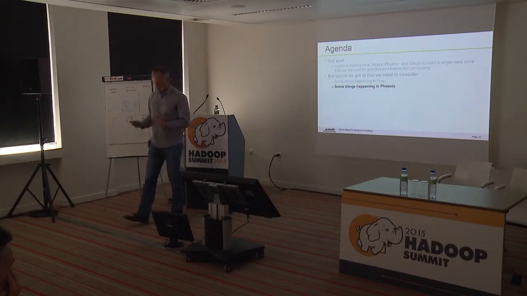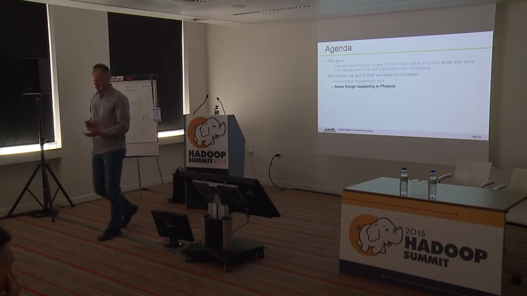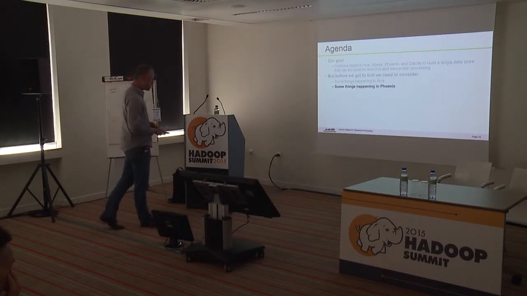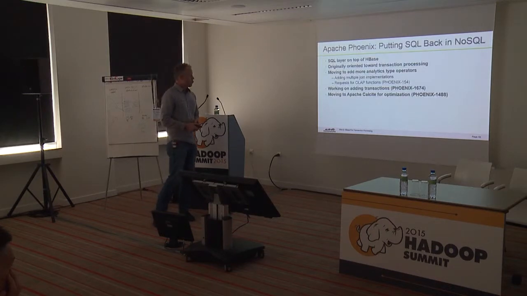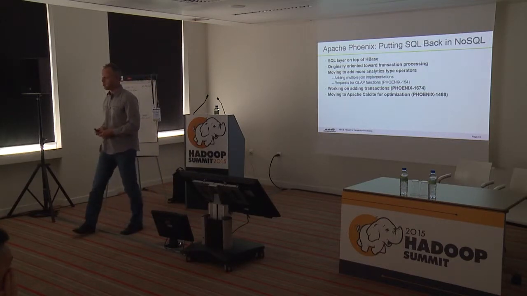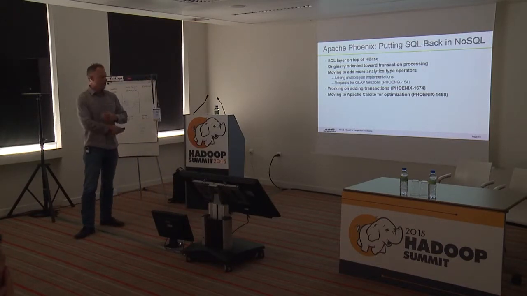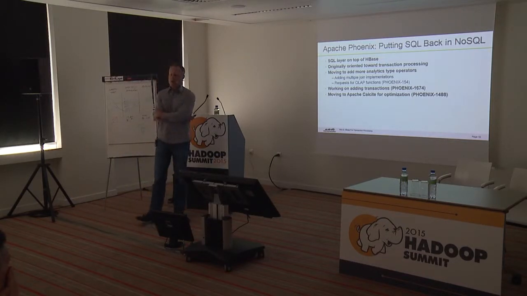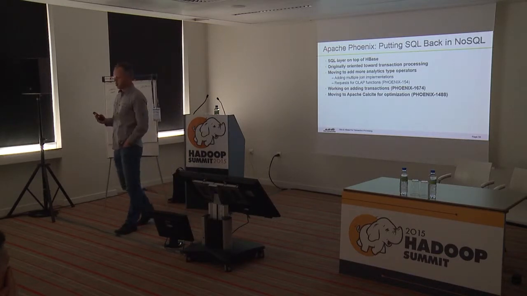I said I was going to talk a little bit about stuff going on in Hive. I'm going to talk a little bit about stuff going on in Phoenix. What is Phoenix? Their motto is putting the SQL back in NoSQL, which I kind of find amusing. But basically, it's a SQL layer on top of HBase. HBase is a key value store, right?